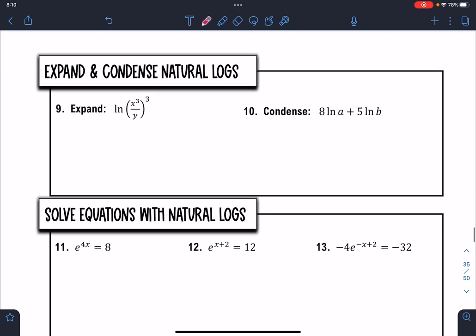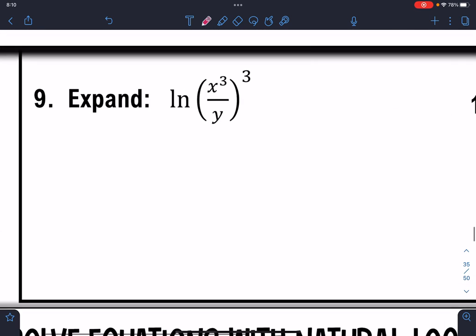Okay, so we could also expand and condense them the same way that we would our regular logs. So here, good review. If I have to expand this, I just want to simplify this whole thing first, right? I can use my power rule, power to power. So that 3 is being applied to both. When I do the power rule, I multiply. So this is really the natural log of x to the 9th power over y cubed.